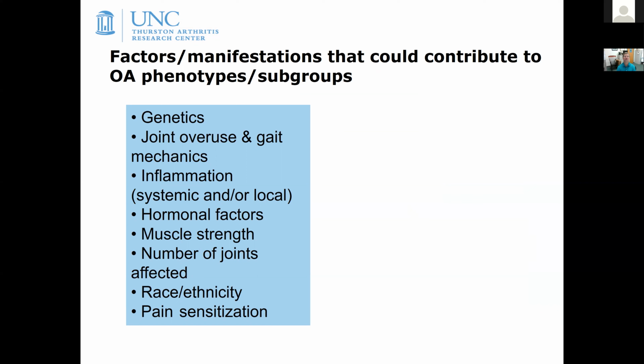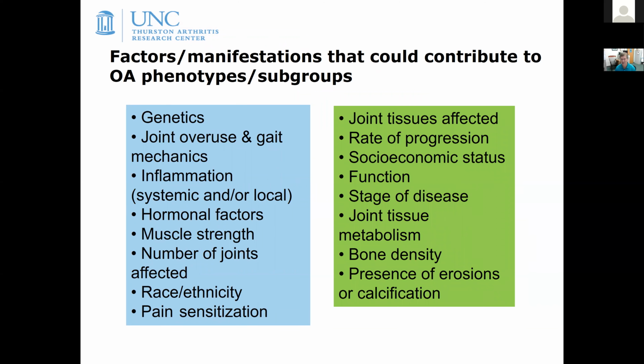So genetics, joint overuse and gait mechanics, inflammation, hormonal factors, muscle strength, the number of joints affected, race and ethnicity, pain sensitization, and then the joint tissues affected, rate of progression, socioeconomic status, function, stage of disease, joint tissue metabolism, bone density, and then the presence of erosions or calcification.